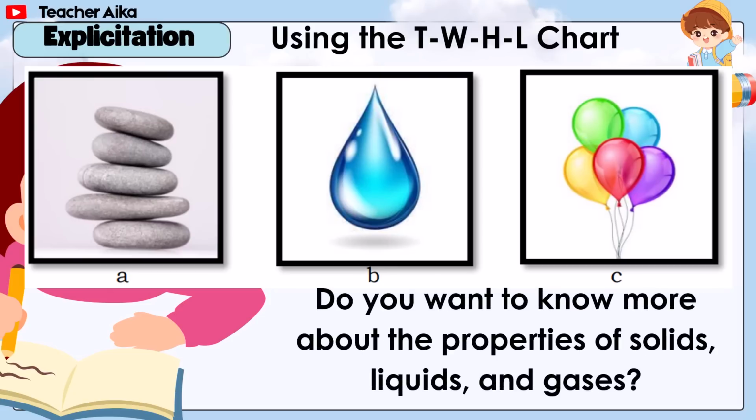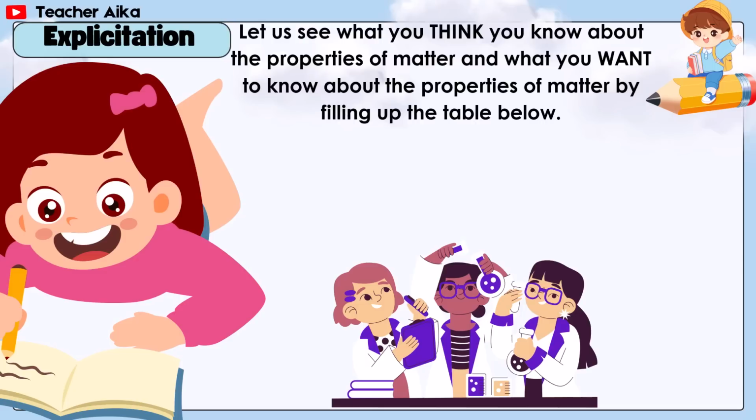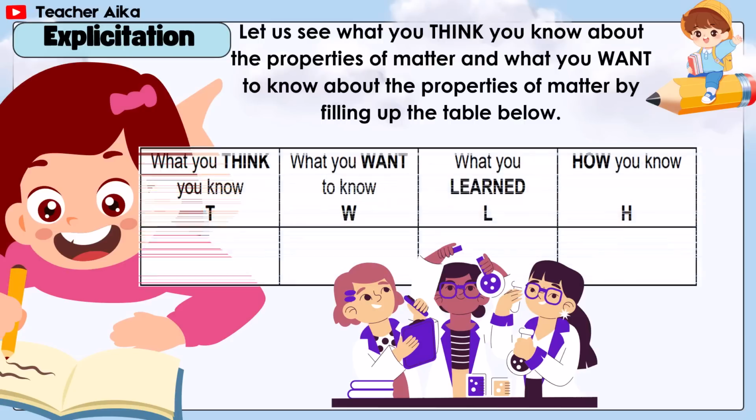Do you want to know more about the properties of solids, liquids, and gases? Let us see what you think you know about the properties of matter and what you want to know about the properties of matter by filling up the table below.